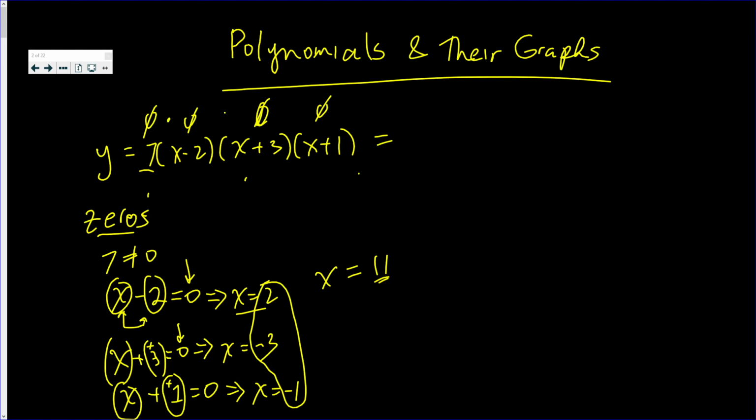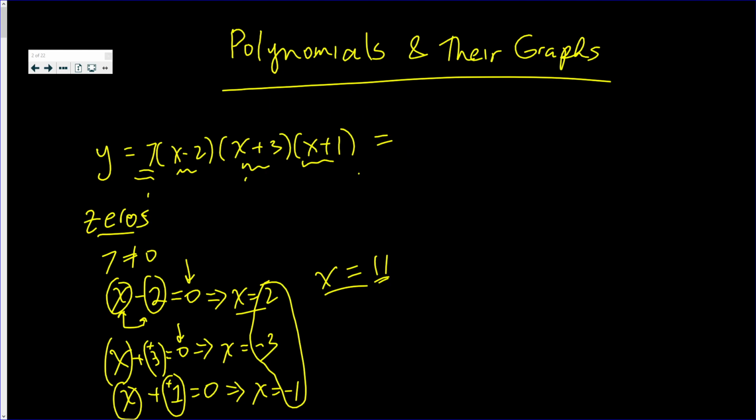So, when you multiply non-zero numbers together, you're going to get a non-zero number. So, 11 can't make it 0. Only numbers that make one or more of those factors 0 will make the whole product 0.